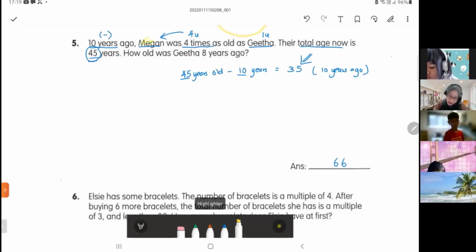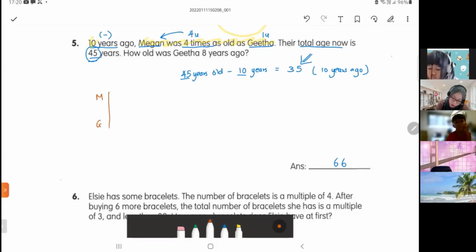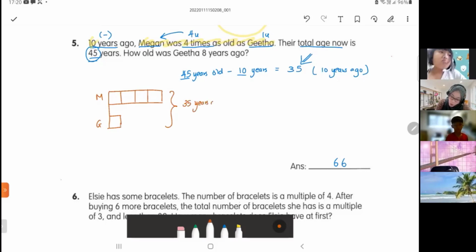The comparison that Megan was 4 times as old as Geeta is 10 years ago. So I need to use that. Okay, so now Megan and Geeta. Megan is 4 units, so you draw 4 units. And then Geeta is 1 unit, like this, okay? And their total is 35 years old.